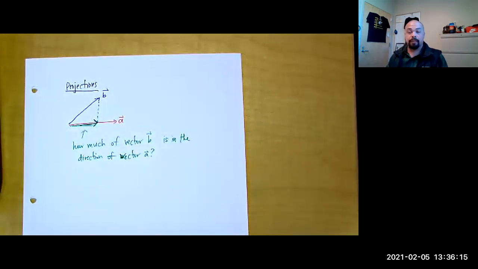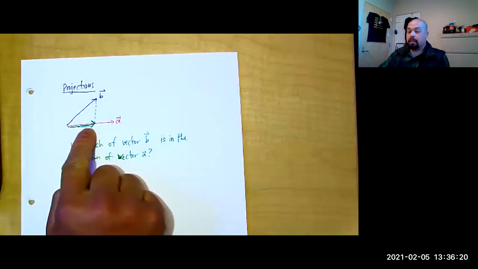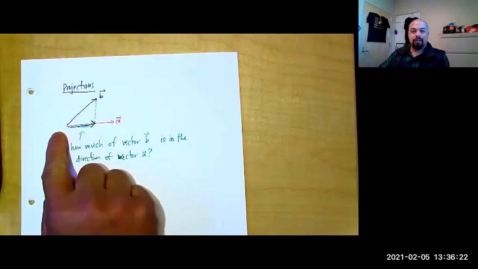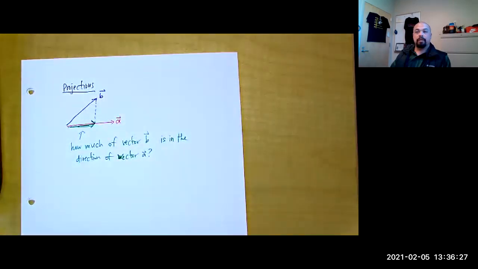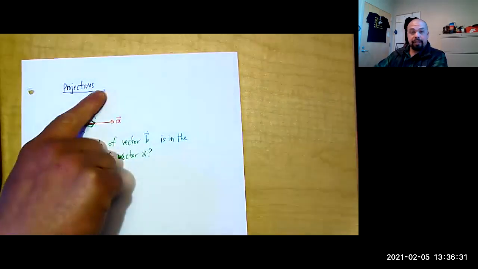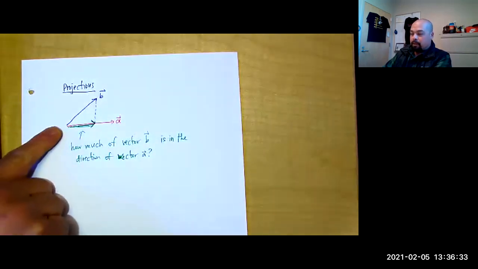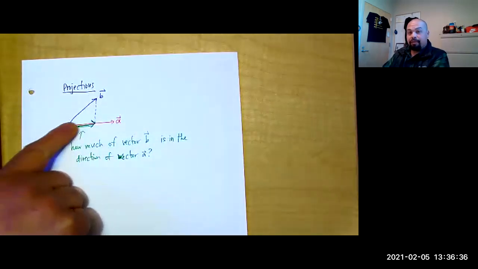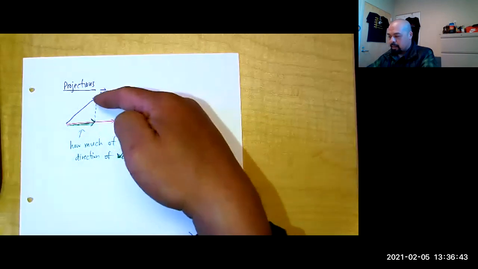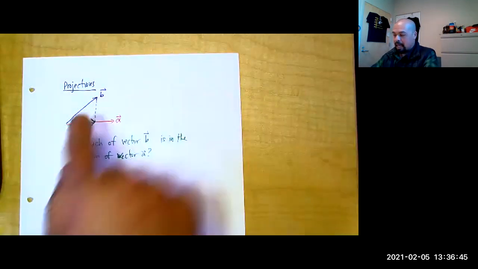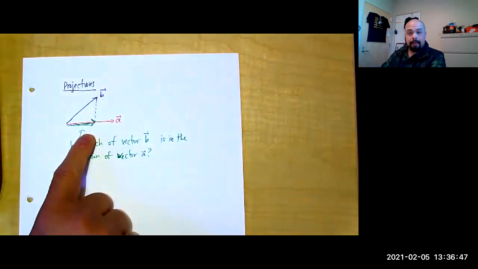When it comes to work problems, we would calculate the work being done to pull that wagon, or to move a particle in this direction by a force moving this way. If we have electromagnetic forces flowing in this direction, how much work is being done to move that particle through that force? We can start to see this as what they call the shadow, how much of that vector B is down here.